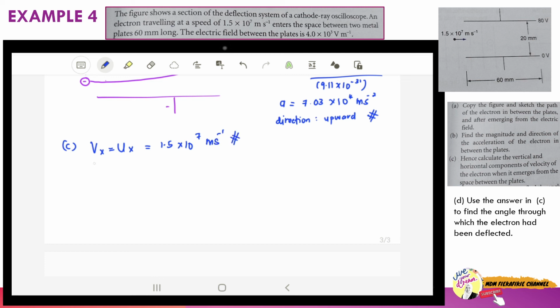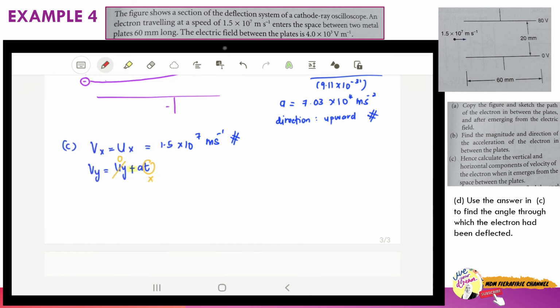But for Vy, where Vy is equal to Uy plus at, this is positive since the direction is upward. Uy is equal to 0. And yeah, we don't have the value of t here.